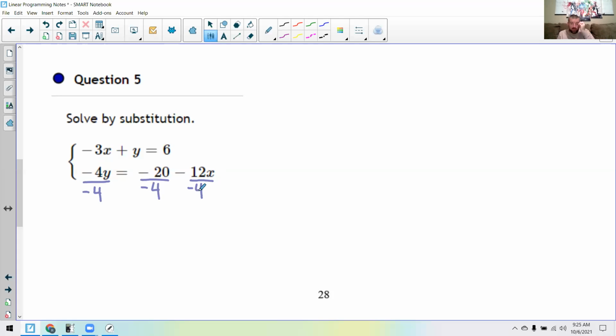Okay, that's one method. Or you could solve this thing to have X and Y on the same side, and then you could dive right into the elimination method. All right, I'm going to stick with this dividing by -4 thing, but just to show you, if I took the second equation and added 12x, it's going to be 12x minus 4y equals -20.